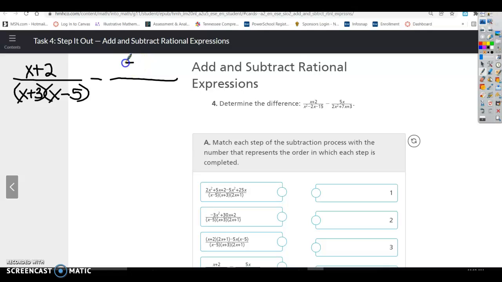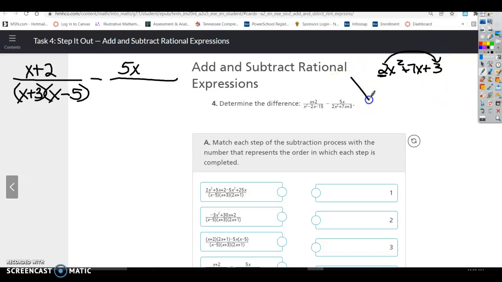All right, on this side, this one has to be factored a little bit differently. Let's go ahead and bring it over here. So we got 2x squared plus 7x plus 3. This one takes a little bit more work because it has a leading coefficient other than 1. So we have to multiply this 2 by 3.